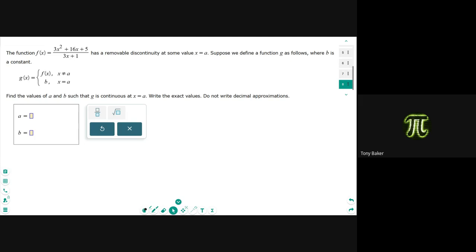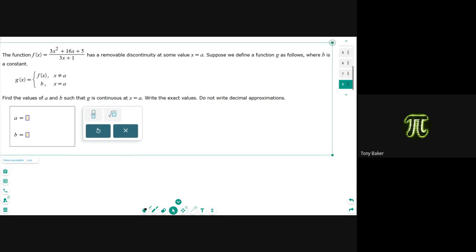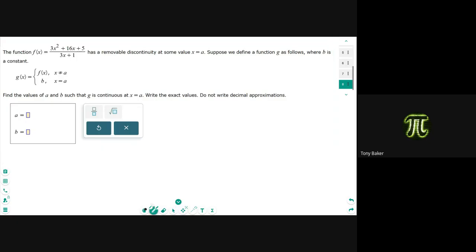Yeah. So if we're looking at it again, in essence, domain restrictions. So I would look at 3x plus 1 equals 0, because that would make it not work. So x equals negative 1/3. So A is negative 1/3.